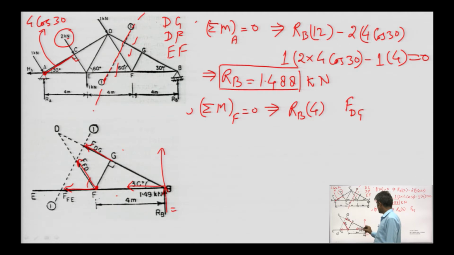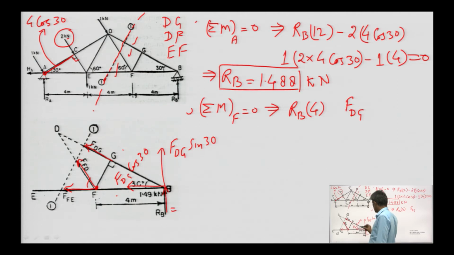Since this is 30 degree, this one component is FDG sin 30, and this one component is FDG cos 30.